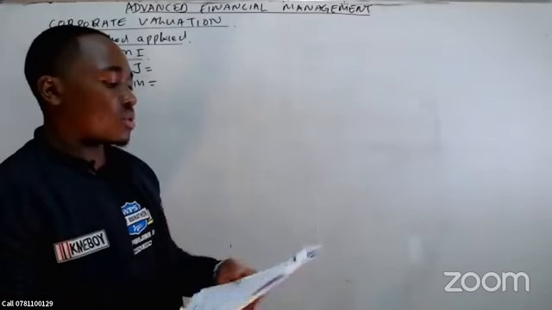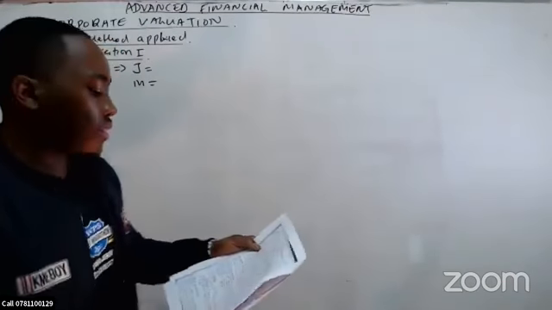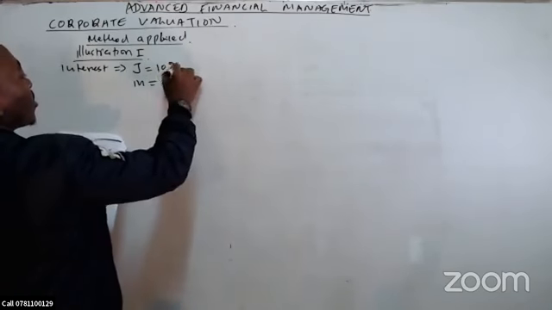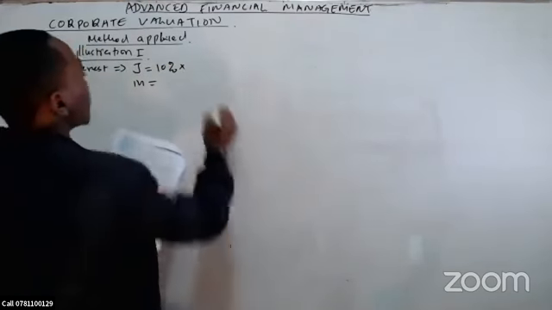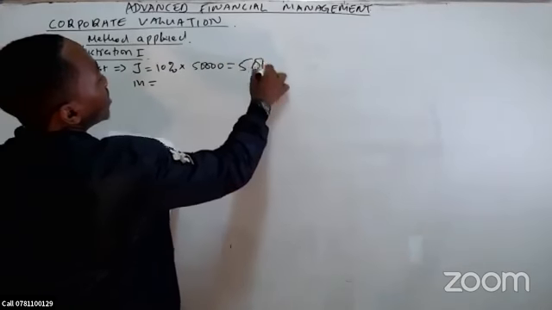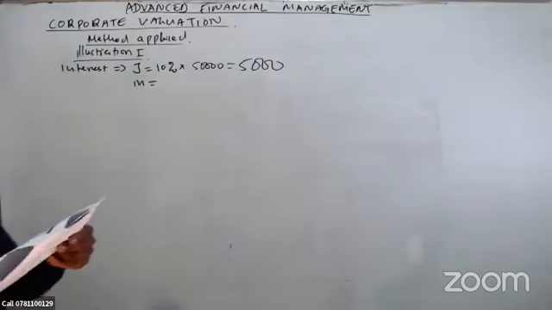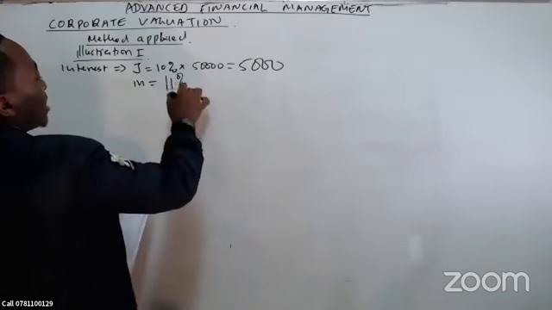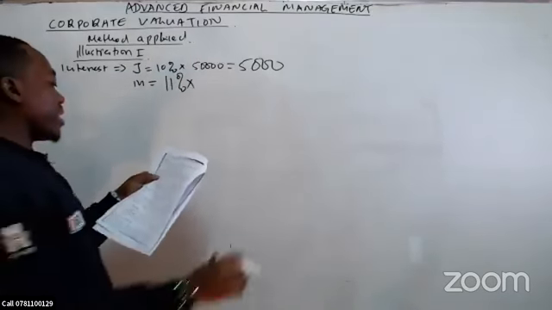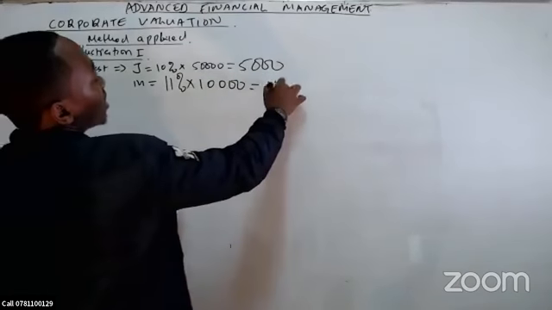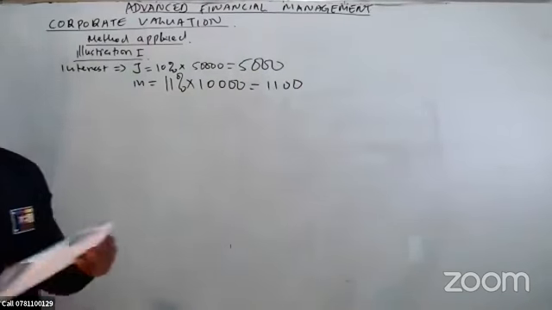So number 1, you have to eliminate it from the expenses. For J, it is 10% on debenture, which was 50,000, and that one you get is 5,000. Also in M, the interest rate was 11%, and the loan was worth 10,000. So in this case, you'll get 1,100.